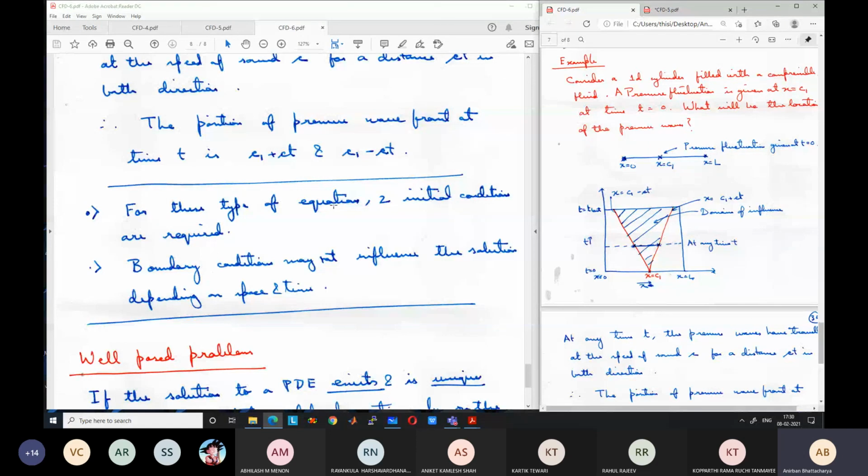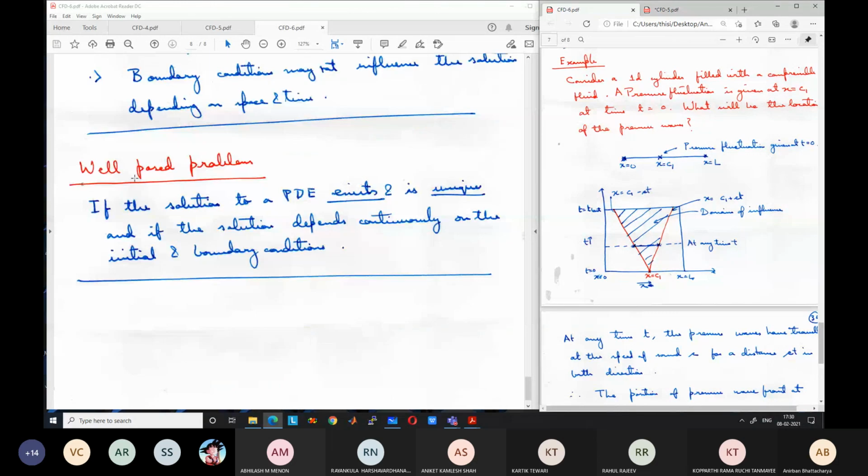I will finish with the definition of a well posed problem. In CFD, we sometimes ask whether a problem is well posed or not. Any CFD problem is governed by a PDE. There is no guarantee that a solution will exist.